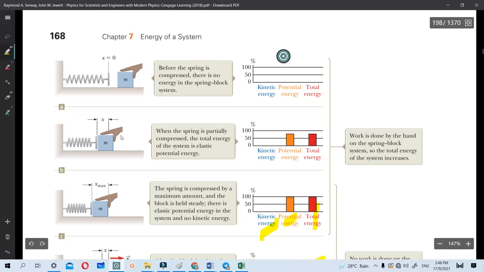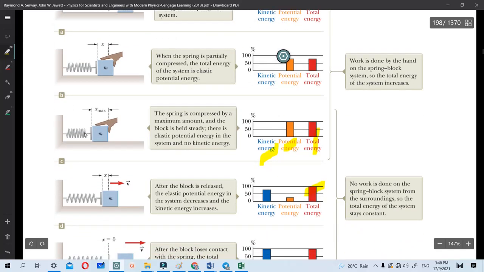Untuk B ni adalah dia baru nak tolak, dia baru partially. And then this C, however, dia dah compress maximum. And bila D, dia lepaskan. Bila lepaskan, you find release, release. Ni compress maximum. Maknanya kita kena bayangkan tangan kita dekat sini ni. Our hand push it and then we release it.